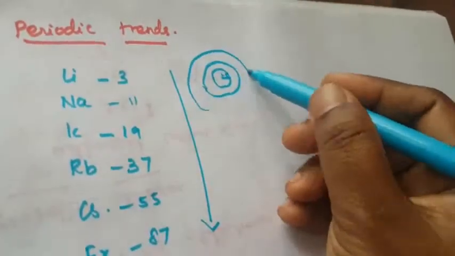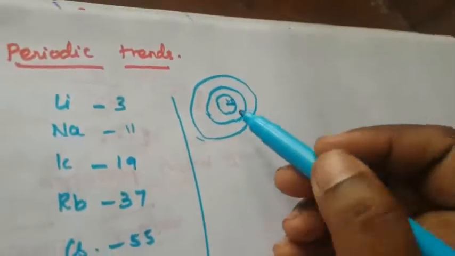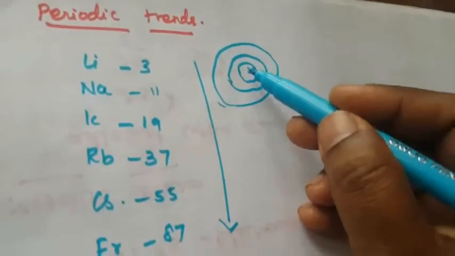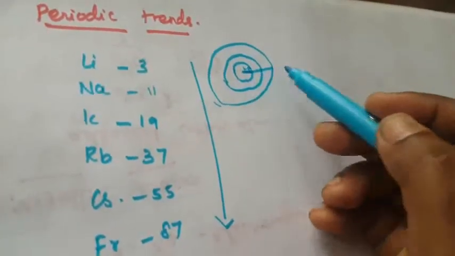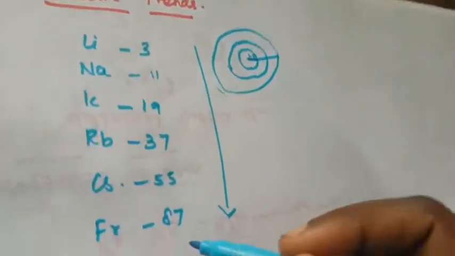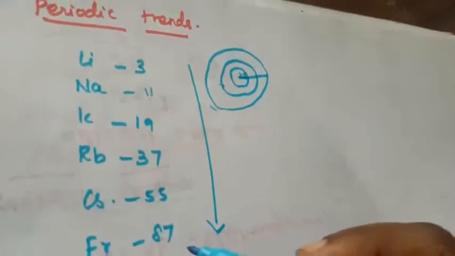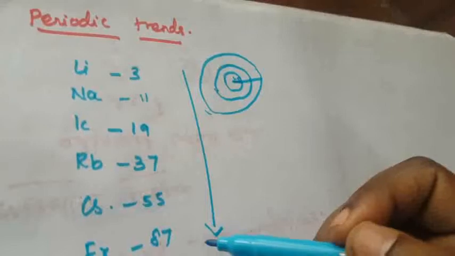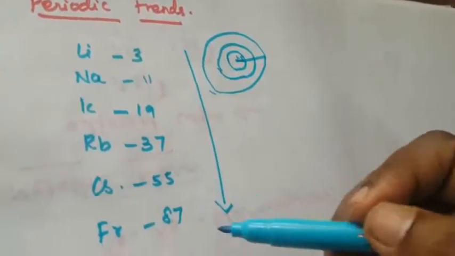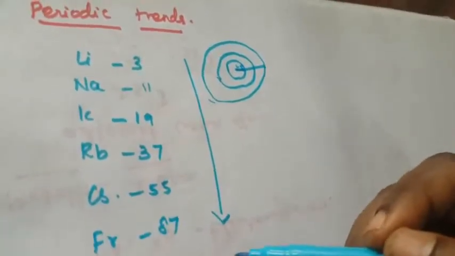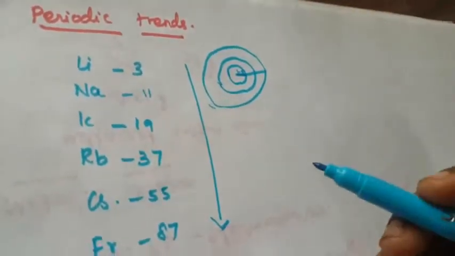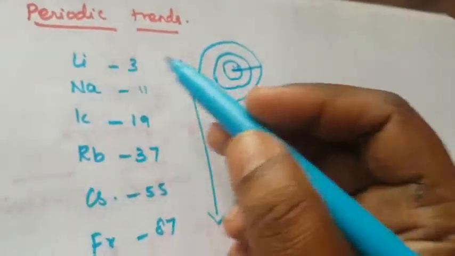Coming to 87, the size of the atom increases. As the atomic number increases, the atomic radius also increases. Francium is 87, so the atomic radius increases from top to bottom, in the vertical column. In the group, the atomic radius increases because the atomic number increases.